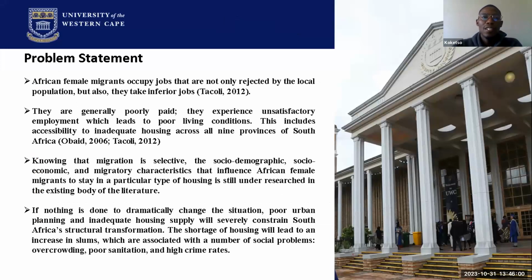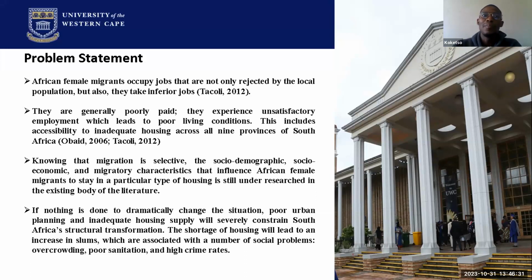The problem statement says African female migrants in South Africa are likely to work in jobs where they are paid minimum wages. And most of these jobs are the jobs that the citizens of the country have rejected, or they refer to them as inferior jobs. As I said before, these jobs pay minimum wages.